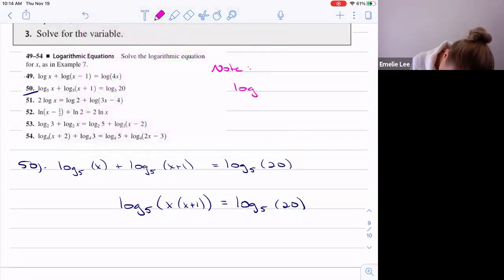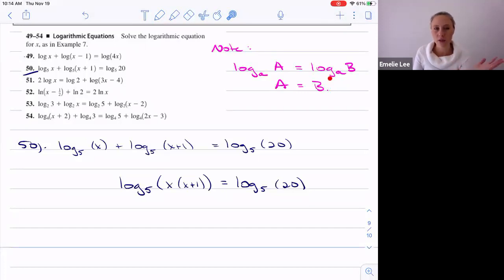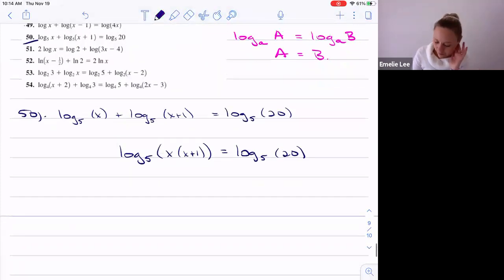Note: if log base a of a equals log base a of b, then a must be equal to b. If you have the same logs, all combined, on both sides, you can drop the logs and say a must be equal to b. Kind of intuitive, but we need to say it.